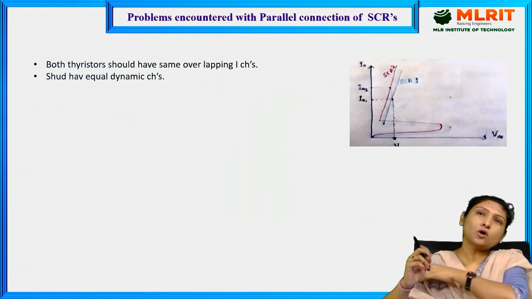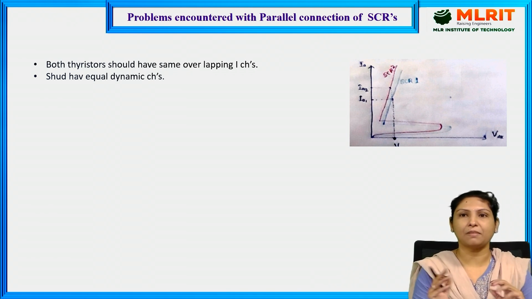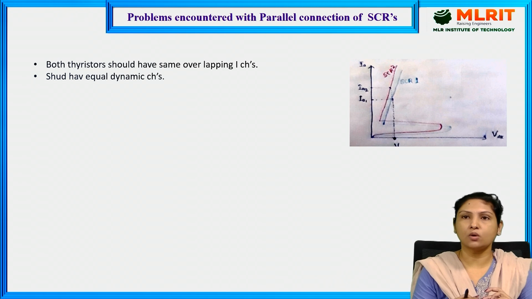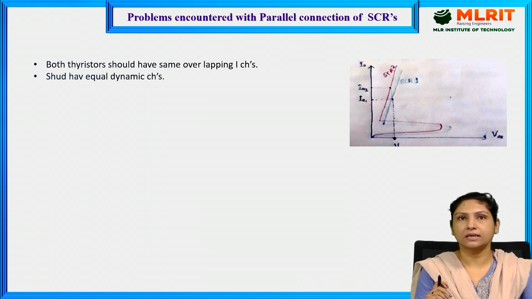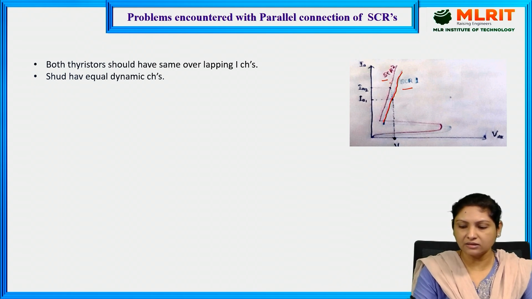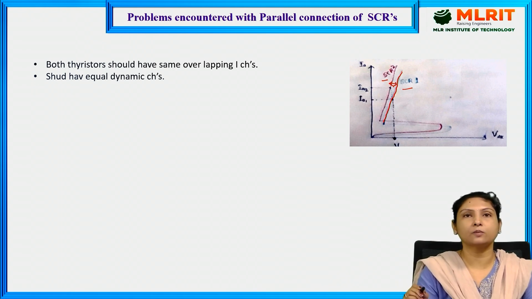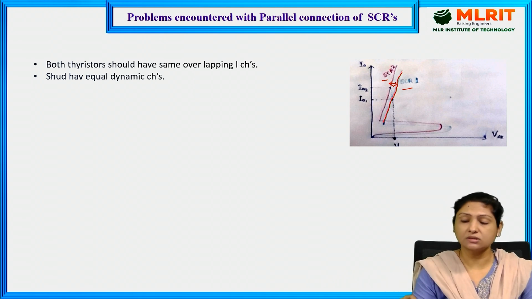And what are the problems encountered with parallel connection? Yes, we are connecting a number of SCRs in parallel, but what problems are encountered if we connect SCRs of the same rating in parallel? There will be certain differences in internal characteristics. This is the current carrying capability of SCR1, and this is the current handling capability of SCR2, and there is a difference between them.